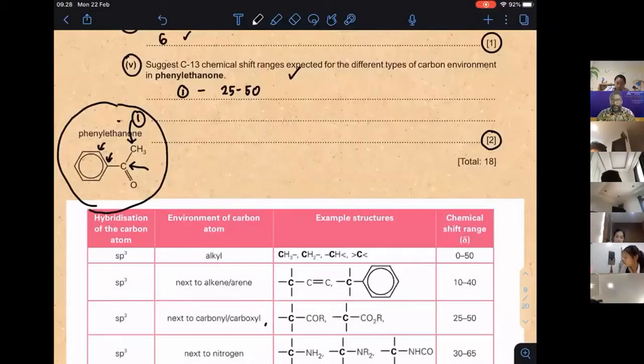So when you look over here, we can see the first one is going to be the 25 to 50. That is going to explain about the carbon that is attached next to the carbonyl group.